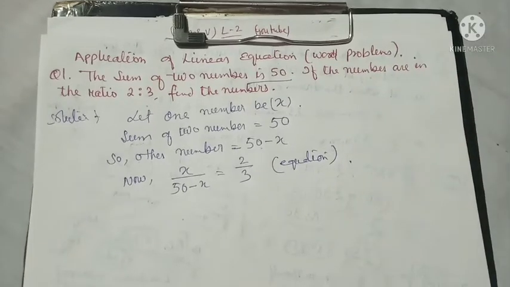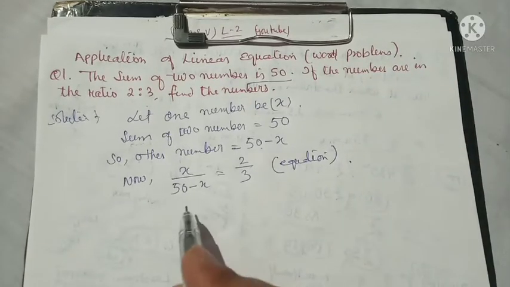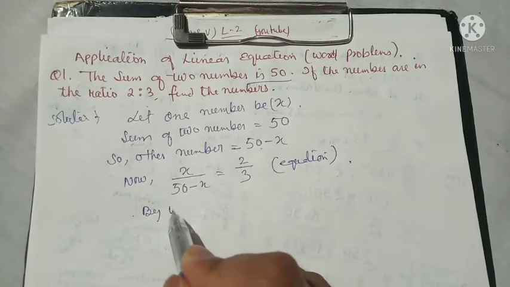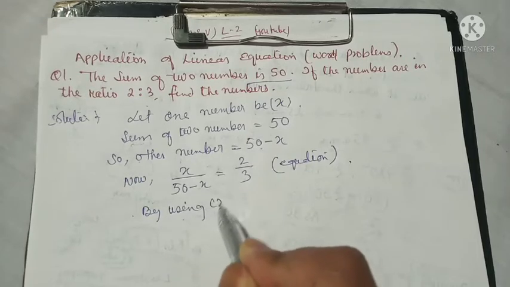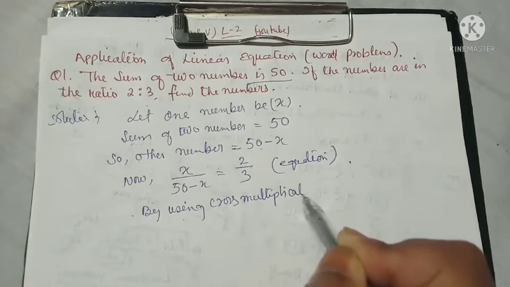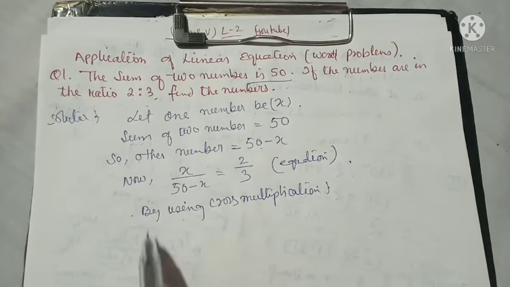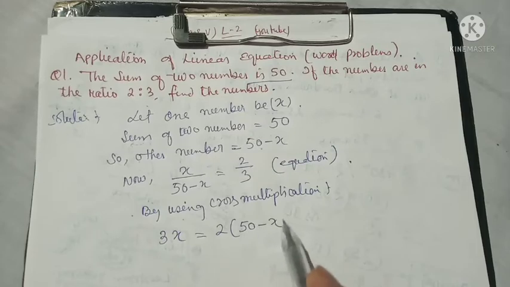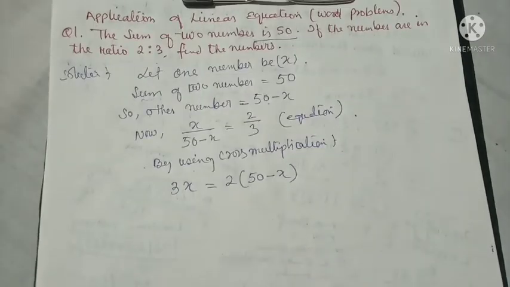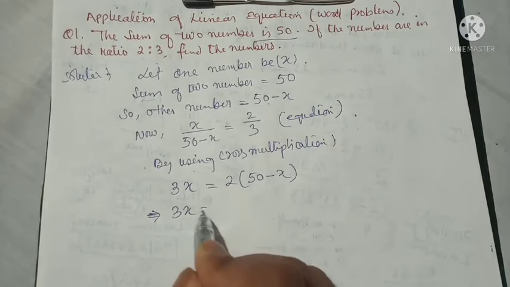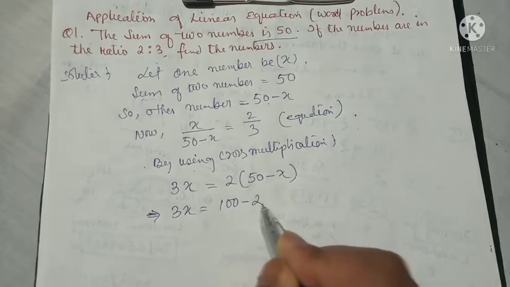Now in this case, we use cross multiplication. By using cross multiplication, we have 3x is equal to 2 into 50 minus x. Then your answer will be 3x is equal to 100 minus 2x.